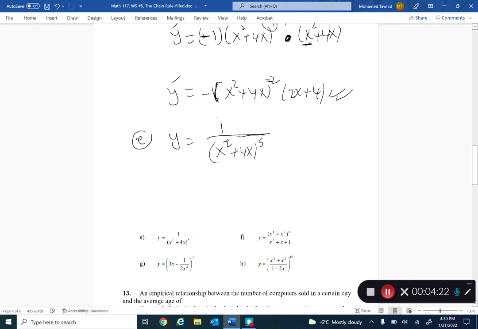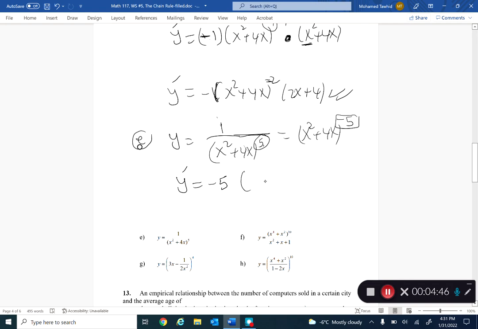But I can also take this bracket up. The exponent is 5, so if I take the whole bracket up, it will be x squared plus 4x to the power negative 5. When I take the positive 5 up, it takes the opposite sign. So now it will be easy because your n is negative 5.